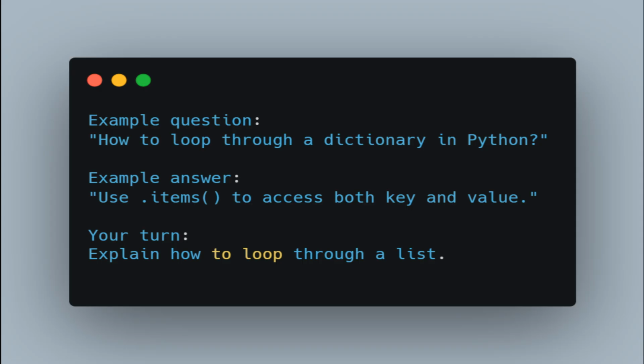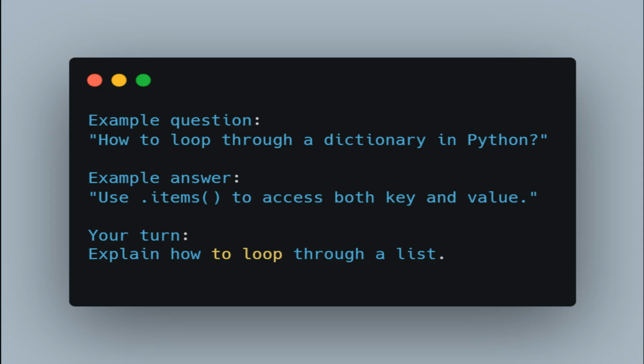So my turn is: explain how to loop through a list. The model learns from the pattern you inject, right? And there you're going to see a big change if you know it. I asked a question and I get an example answer based on that question, right?